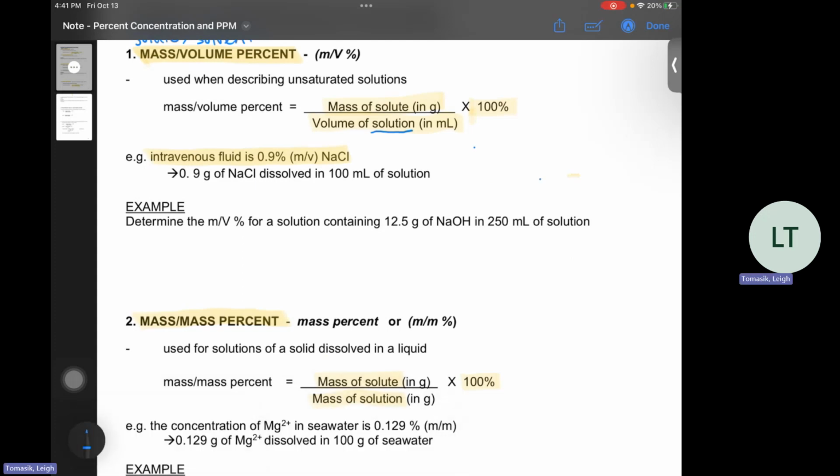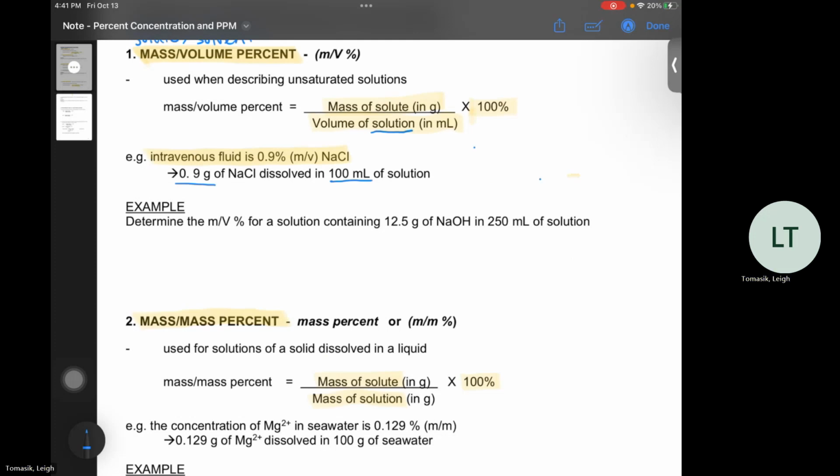We usually use saline solutions to get people's blood volume up, and we deliver them via IV. So this is an IV bag. An intravenous solution is 0.9% mass per volume, and that means that 0.9 grams of NaCl is dissolved in 100 milliliters of solution.